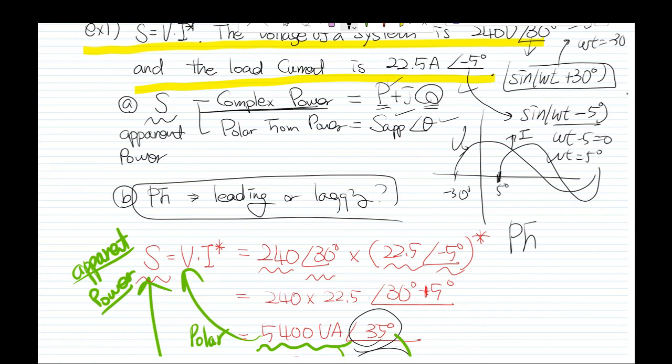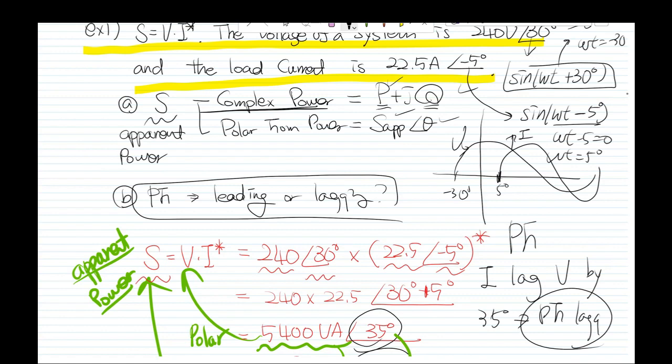The current lagging the voltage by 35 degrees means the power factor is lagging. Okay. Very important. That makes a difference between a B and an A student.